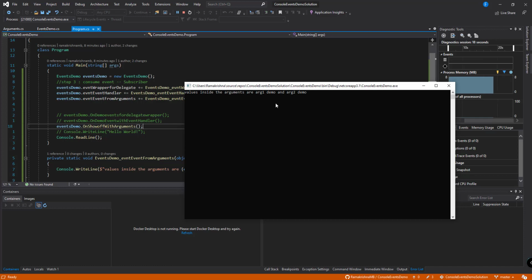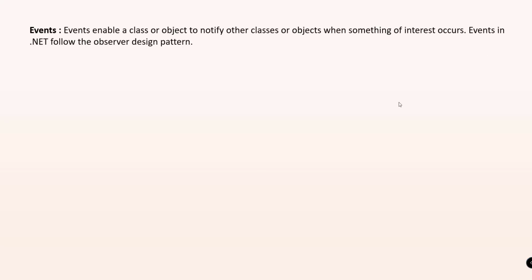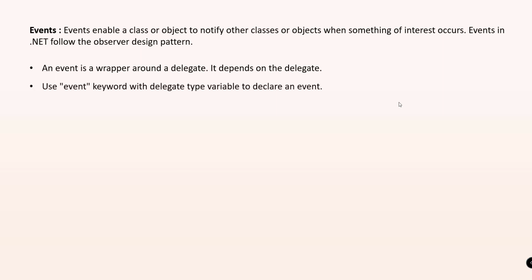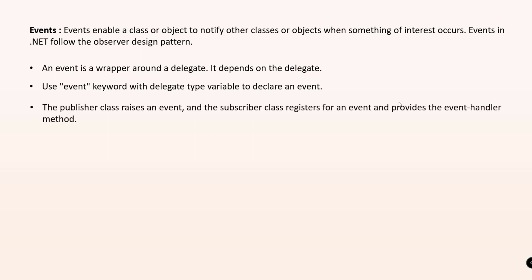So far we covered all these topics: what is event and how to create an event, how to create a publisher of the event, and how to subscribe to event, event around delegate wrapper, and we use event keyword to create an event. The publisher class raises an event and subscriber class registers an event.